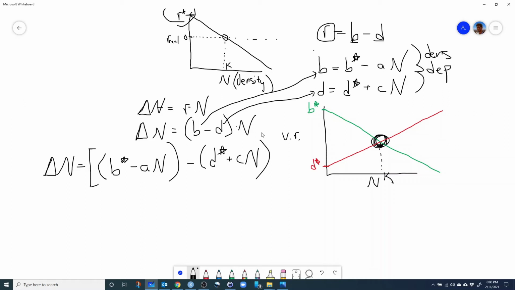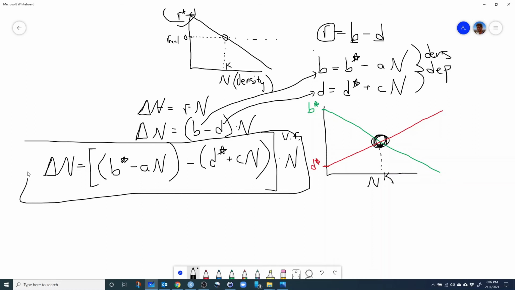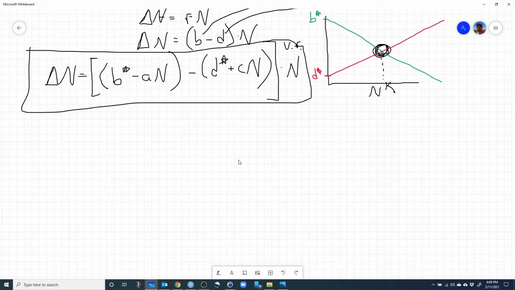And all of that now, that's just the b minus d, right? All that times n. And this right there is our fleshed out equation, right? This is just this equation here fleshed out so that both b and d are density dependent. Okay, let's go a little farther.